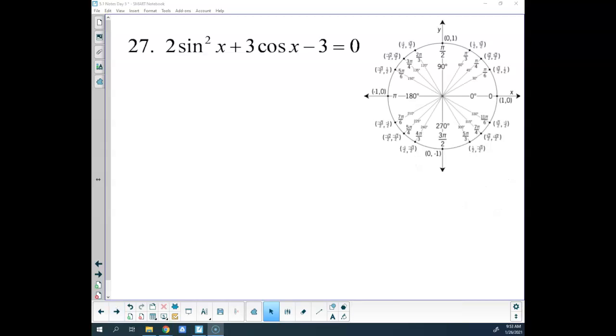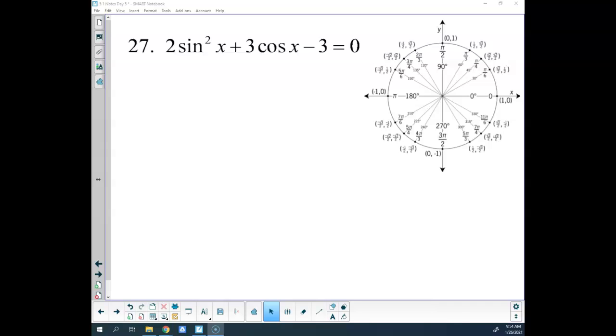Let's algebraically talk about this one. What is the big issue in this problem that you see? Can't factor it. Why can't you factor it? More importantly, there are two different trig functions going on. So we can't factor it.